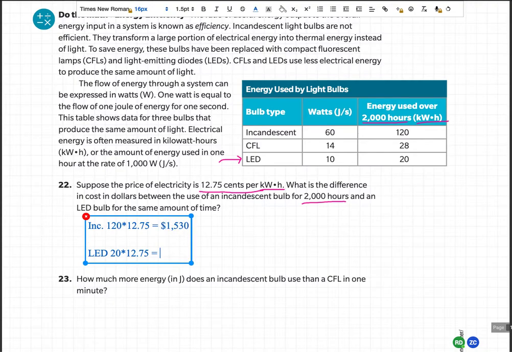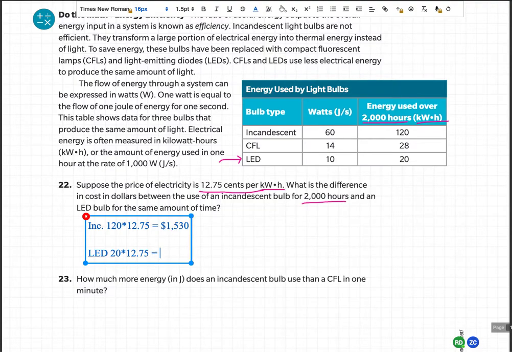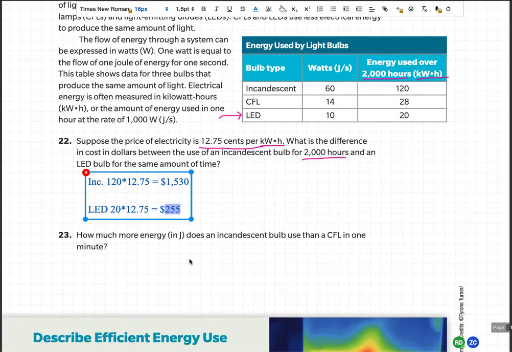That's a lot of money. And 255 dollars. So for 2,000 hours of use, which if you think about how much you have lights on, that's not that much actually, the incandescent bulbs would cost you $1,500. The LED would only cost you $255.